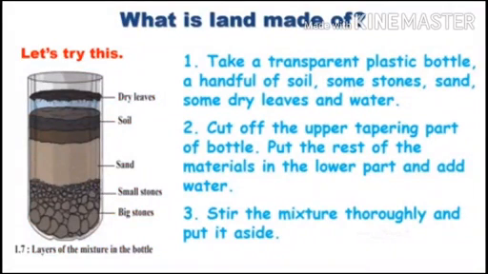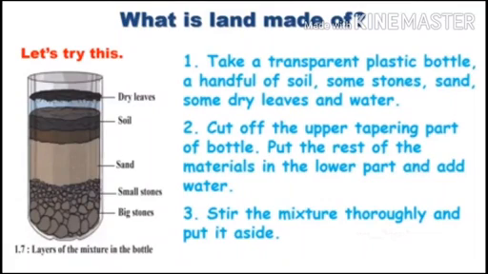Now, let us learn what the land is made up of. To understand this, let's do one activity. First, take a transparent plastic bottle, a handful of soil, some stones, sand, some dry leaves and water.